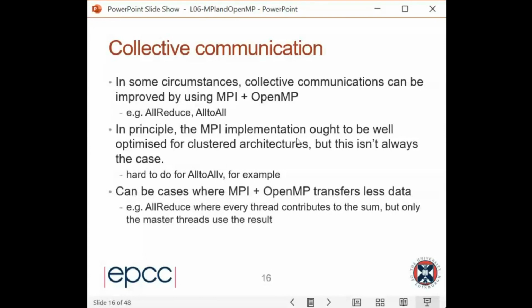Collective communication. This used to be an issue. So for example, early on, when HPC systems became clusters of shared memory nodes, some of the MPI implementations weren't optimized. And so if you were doing an all reduce, for example, it was actually worth doing it by hand.